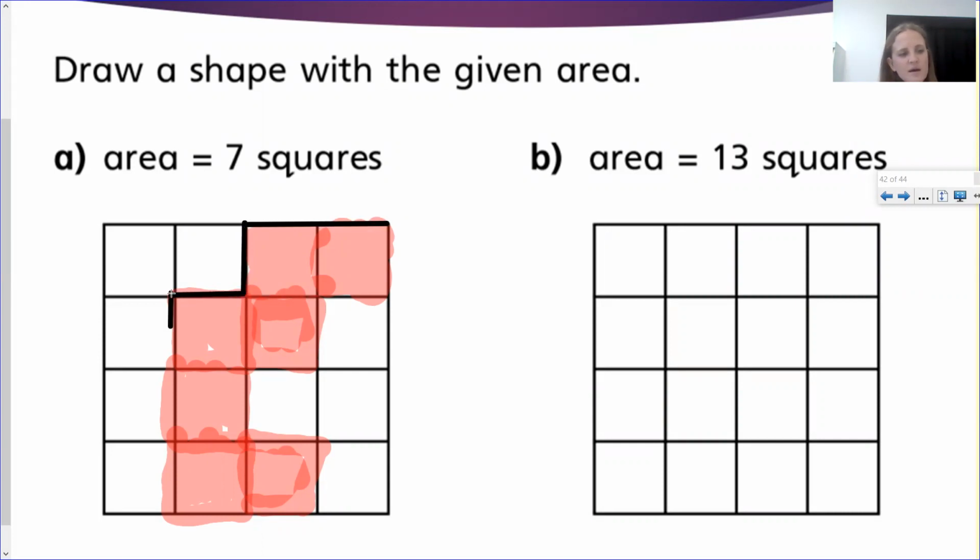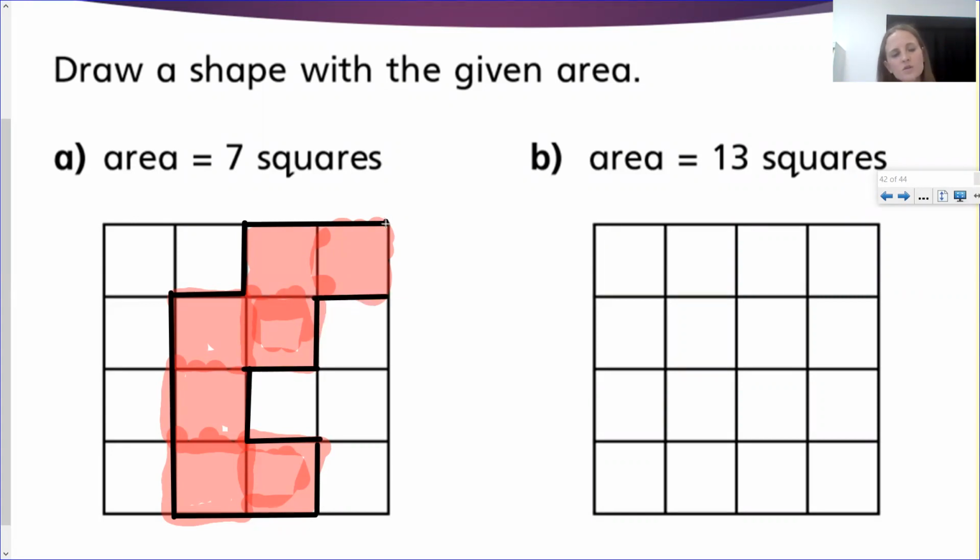This shape here has an area of 7 squares or 7 centimeters squared because it is made up of 7 equal squares. Does it look the same as yours?